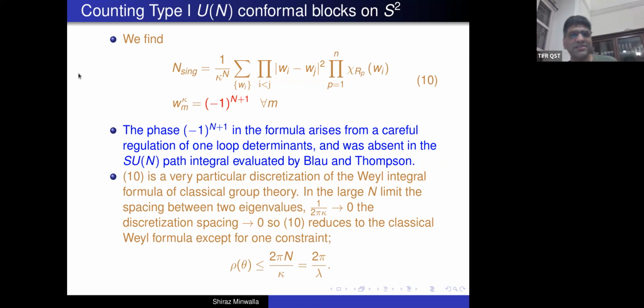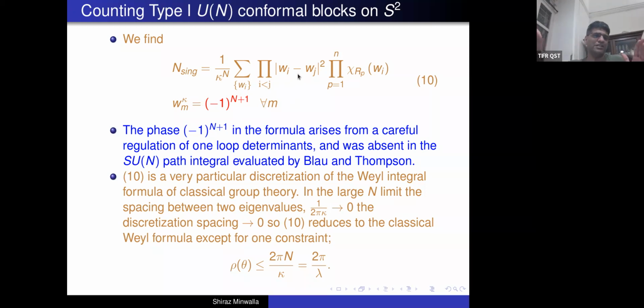You see this very simple structure. And those of you who are tuned into group theory will probably immediately realize that this structure is very close to the Weyl integral formula of classical group theory, which allows you to find the number of singlets in the product of representations. In fact, this formula can be thought of as a discretization of that Weyl integral formula.